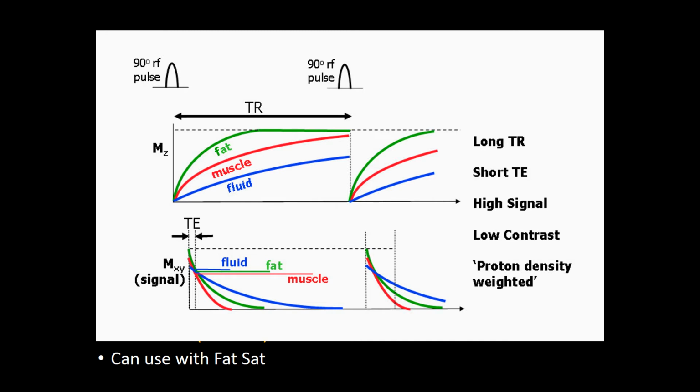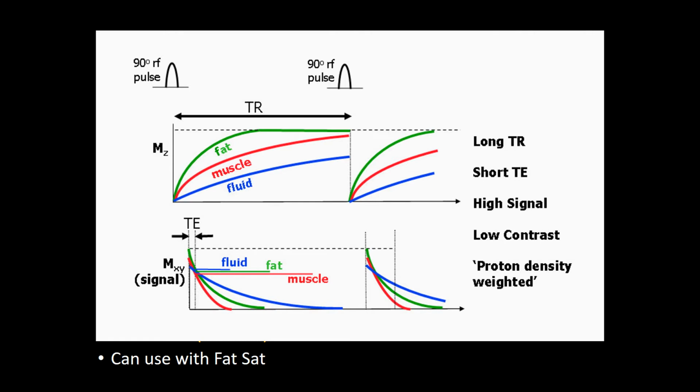Here's a graphical representation of PD imaging. Again, if you have a long TR, basically most of the T1 weighted properties are gone because longitudinal magnetization is back. And if you pick a short TE, most everything still has all of its free induction decay signal.